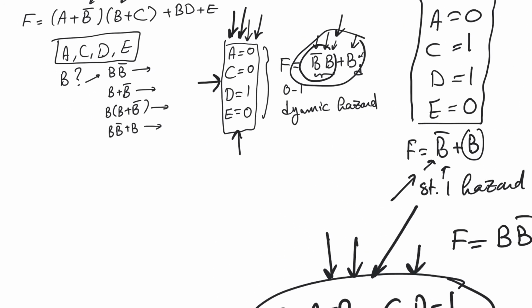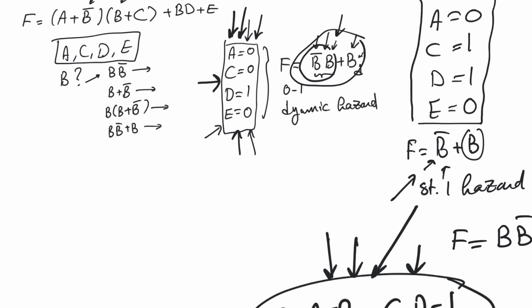So it's pretty obvious. To remove the dynamic hazard, we need to add a new term that actually removes the hazard for this input combo of A, C, D, and E. So as we did for the static hazards, we have to do for the dynamic hazard, except by taking care to do this for this input combo. There's a problem here, however.